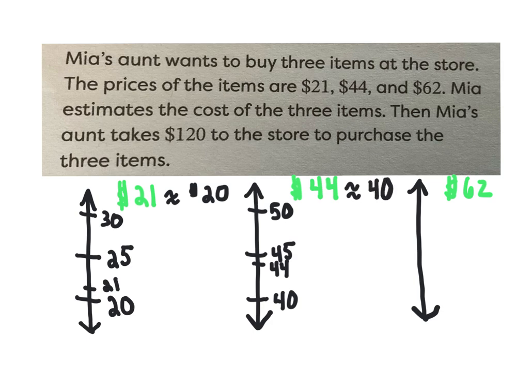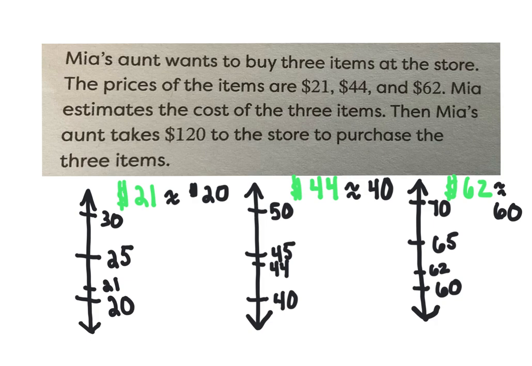Then we have $62. Well, we go to 60. That halfway point is 65. And then we jump all the way to the next 10, which is 70. All right. So $62 is a little bit less there, so it's going to be rounded to $60.